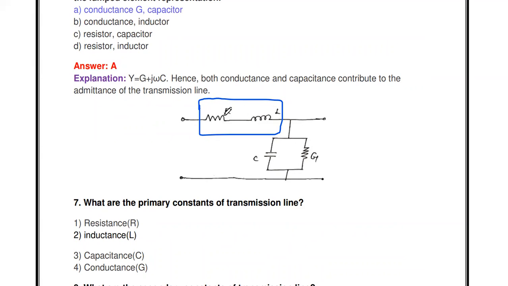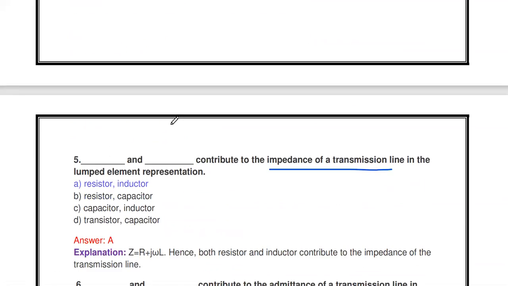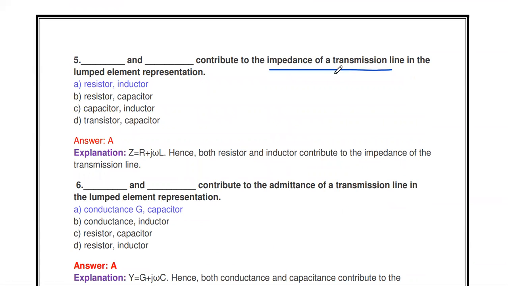The combination of this resistor and inductor is the series impedance Z. So the impedance Z is equal to R plus j omega L. To mention the series impedance, the elements needed are resistor and inductor, since Z can be represented as R plus j omega L. This Z is called the series impedance.